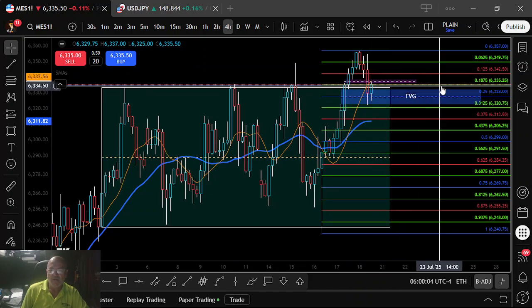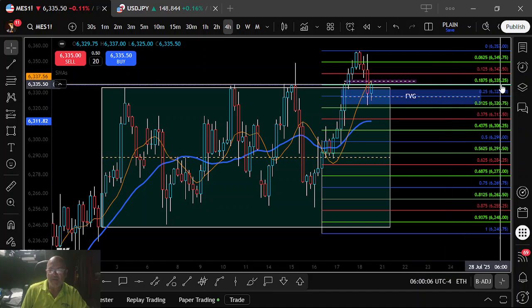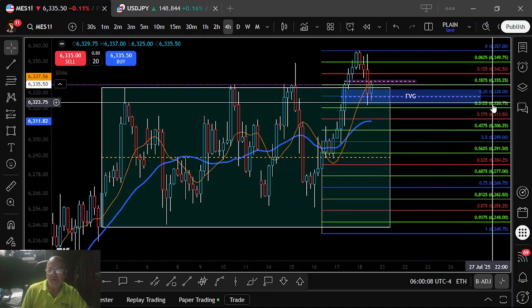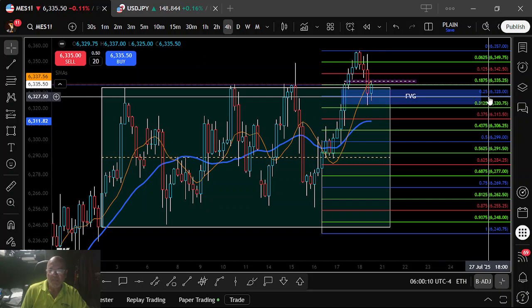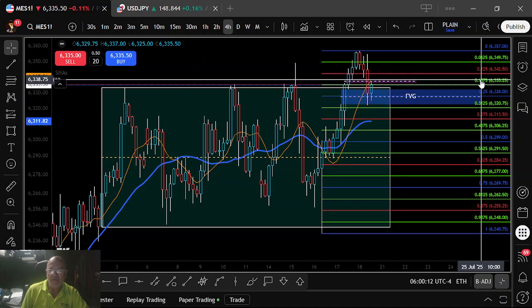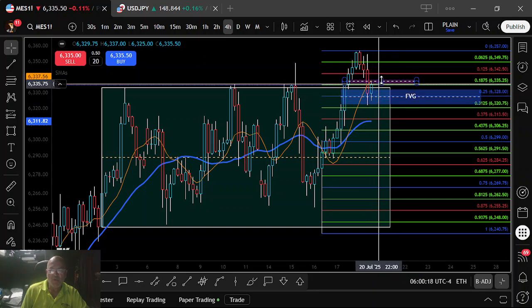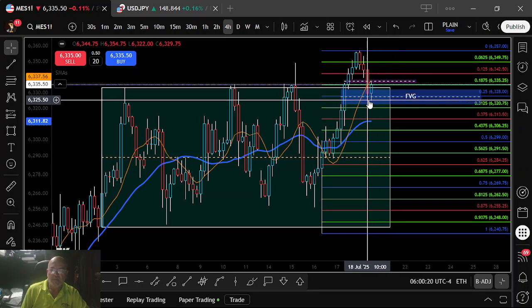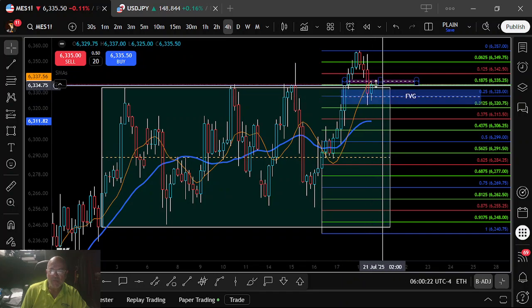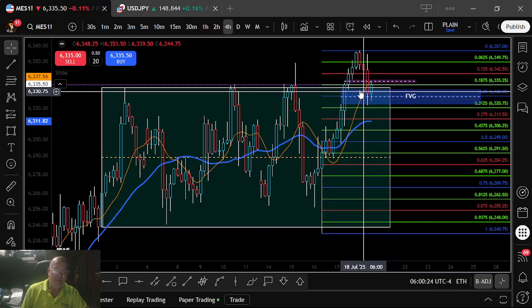So basically, our range is from 335 to 320, and you could even say the top of that is 338 to 320. So we have about a 20-point range here that we need to see what's going to happen with.